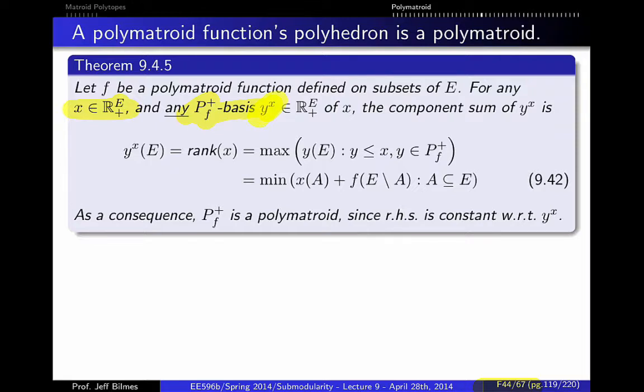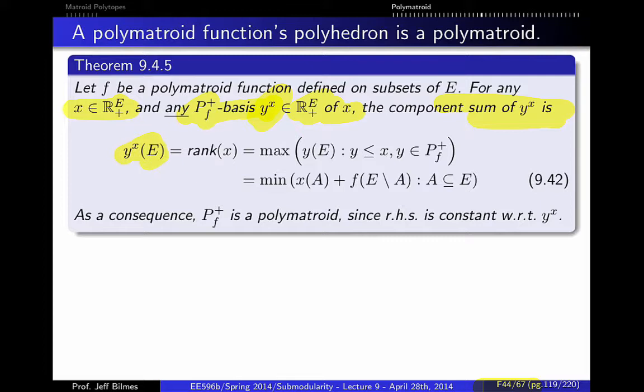So we're saying y^x is a P basis of x, and it's also in the non-negative orthant. The question is, what's the component sum of y? For this to be a polymatroidal polytope, no matter what P basis we choose, the component sum has to be the same. So all P bases of x have to have the same component sum.